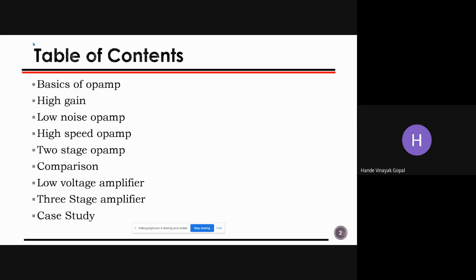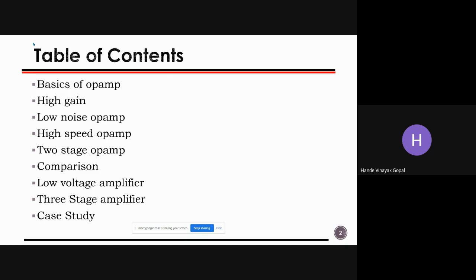Then we'll see the two-stage amplifier. After that, we'll do some comparisons of whatever architectures we have seen. Then we'll come to the current topics which people are really struggling with nowadays. That's the low voltage amplifier, because nowadays VDD is limited to 1 volt, and it may fall further. So designing a high swing amplifier, high gain amplifier, low noise amplifier is a really difficult task, so to say.